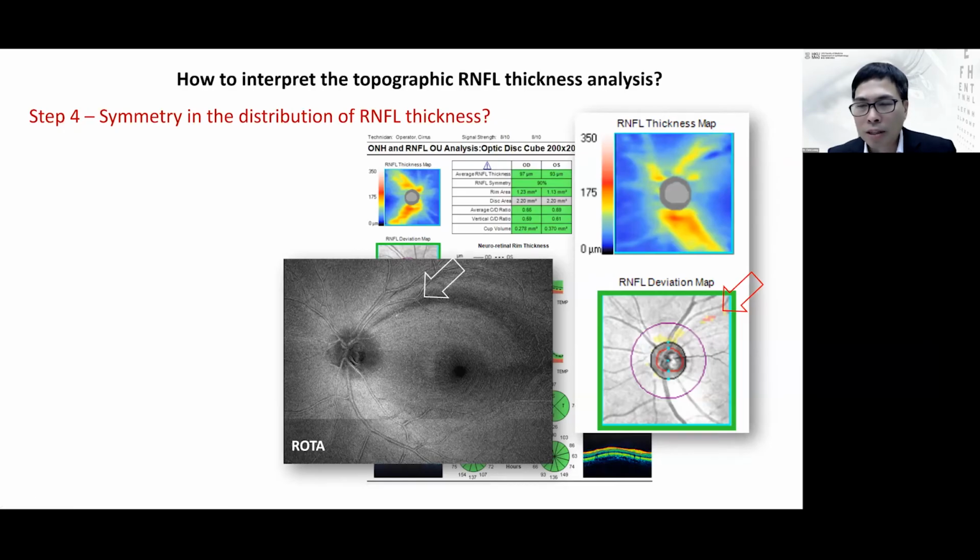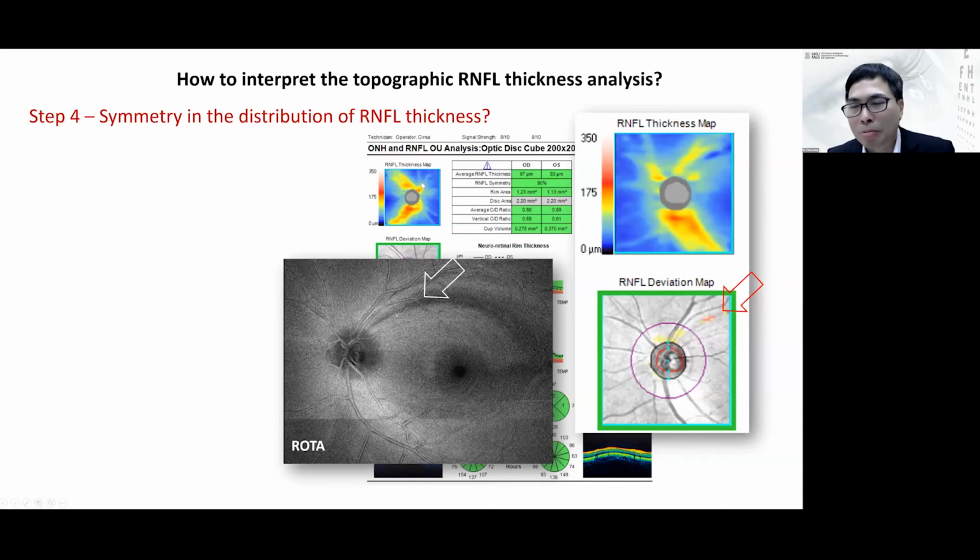We then study symmetry between eyes, right and left, and also between quadrants, the superior and inferior quadrant. So notice that not only do we have a thinner retinal nerve fiber layer on the supratemporal side compared with the infratemporal side for the left eye, but when we compare the left and right, you can also appreciate the supratemporal retinal nerve fiber layer of the left is thinner compared to the right.